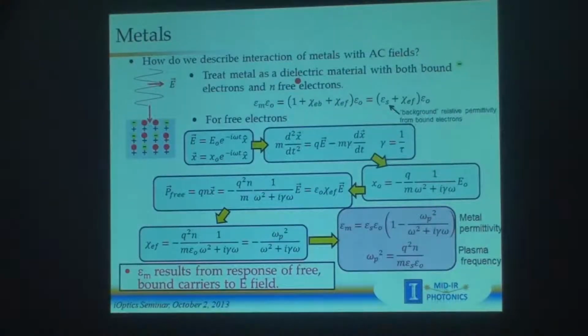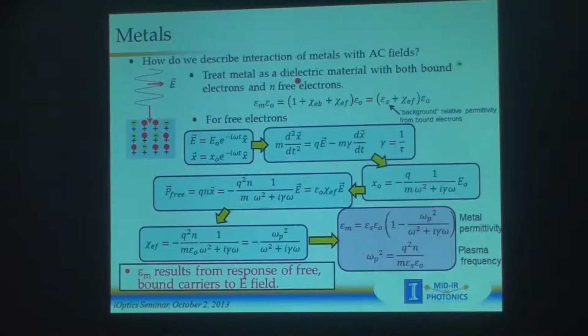Okay, so just to step back a little bit, I want to first remind everybody where the optical properties of a metal come from, okay? If we think about a metal in a very simple picture, namely you have bound electrons that are tied to your atoms and you have free electrons that are sloshing around, then you can describe the interaction of an incident electromagnetic field in terms of the way that it affects these bound and free electrons.